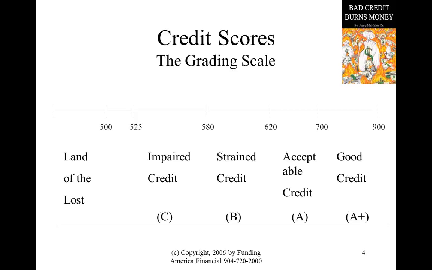Below that number, there's a reason you have a number below that number, and the only acceptable reason is that you got what we call a thin file. You're 18 years old and you've just got no history, and you may have no score, but you won't have a low score. People frequently ask, is no credit better than bad credit? Bad credit is worse than anything.